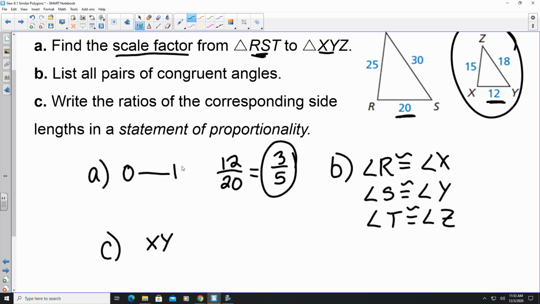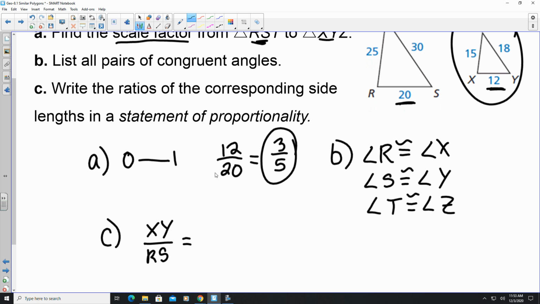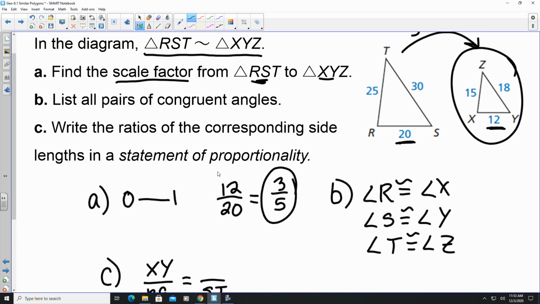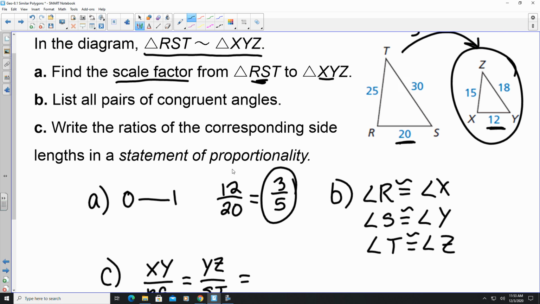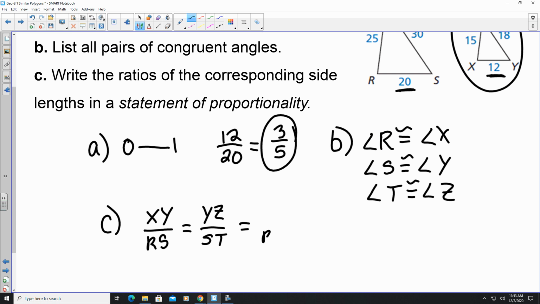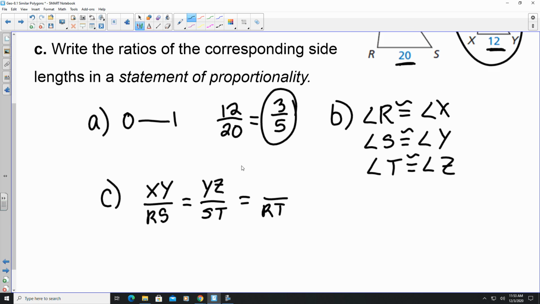So let's just say we write XY, which was the 12, divided by RS, which was the 20. So that's my first one. That is going to be equal to, so now if I looked at ST, which would be down here, divided by YZ, because that's second and third. And then finally, to finish this up, it would be RT, that's going to be written on the bottom, divided by XZ.